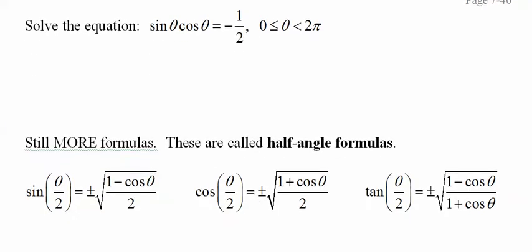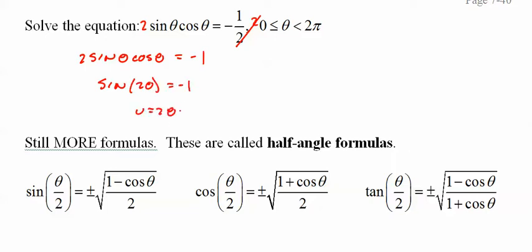So now I give you an equation. And you say, I don't know what the heck to do with this. I warned you about this. Multiply by 2: 2 sine of theta cosine of theta equals -1. Hey, I know what that looks like. That looks an awful lot like sine of 2 theta. Now I do my little u substitution.